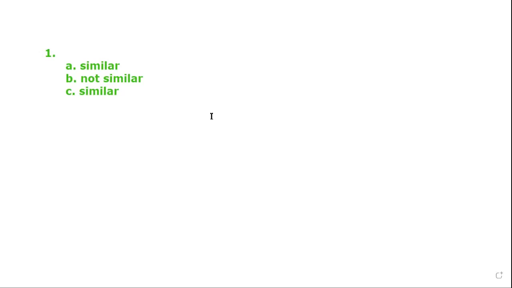What is the value of X and what is the value of Y? Pawan, you solve the value of X, and Dean solve the value of Y using ratio and proportion. I give you 1 minute to solve.